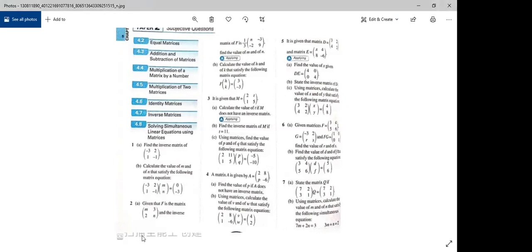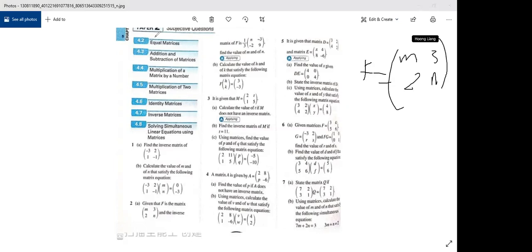Question 2. We try question 2. Given f equals m n 3 2. The matrix of f is this one, and the inverse matrix of f is this one. They want you to find the values of m and n. Let's have a look.